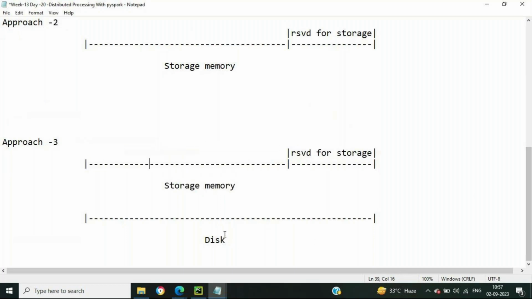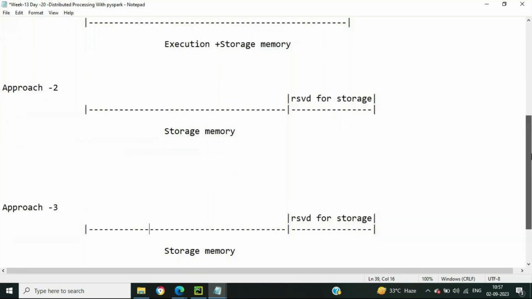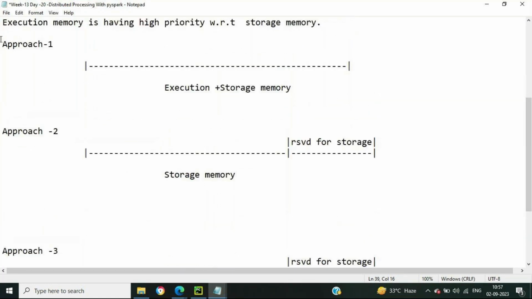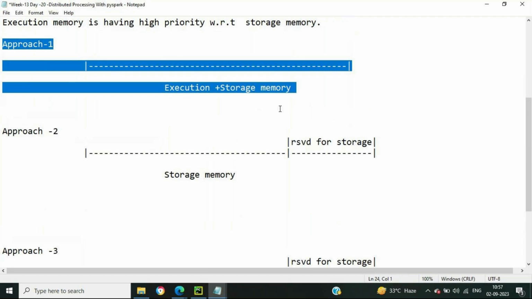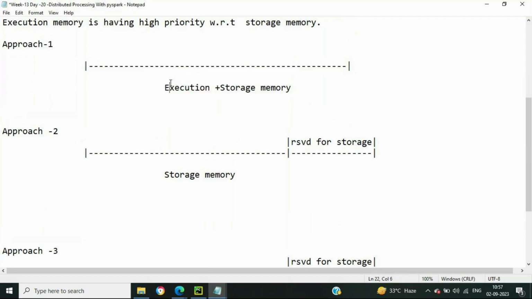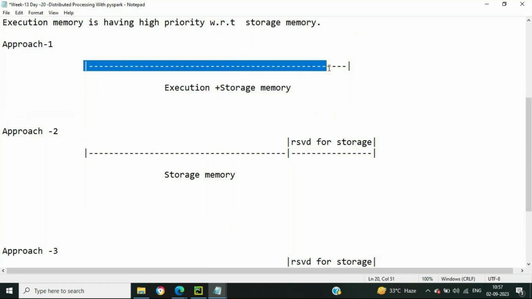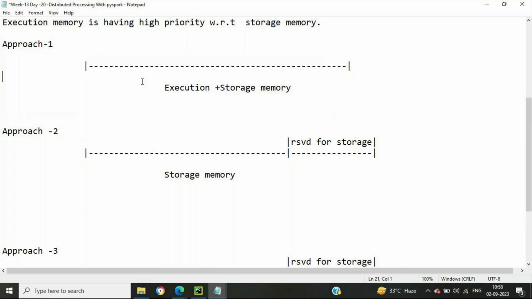Previously, if we discuss the first approach, the entire memory can be shared by storage and execution. But over here, if we have jobs for execution, then we will not be able to take the benefit of caching, because nothing is reserved for the caching perspective.